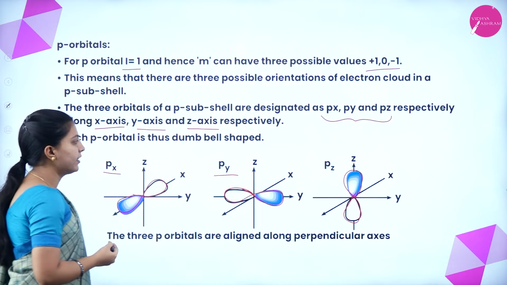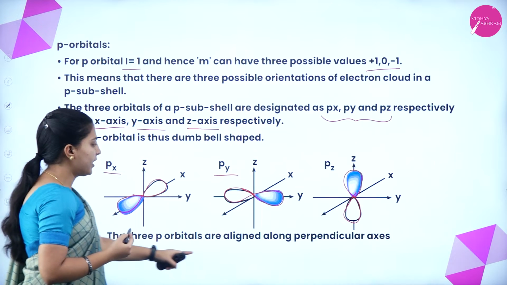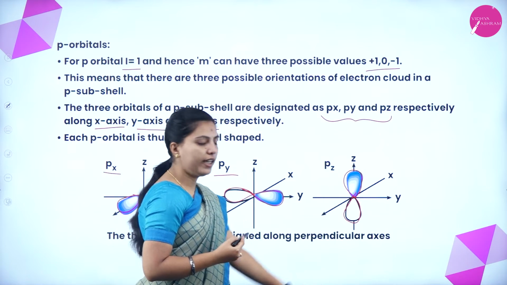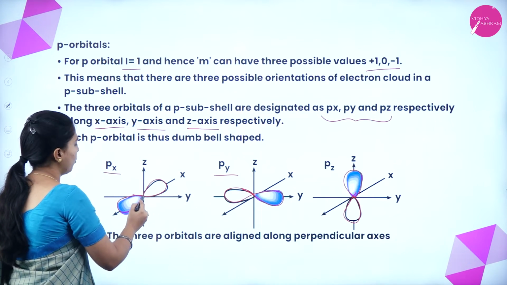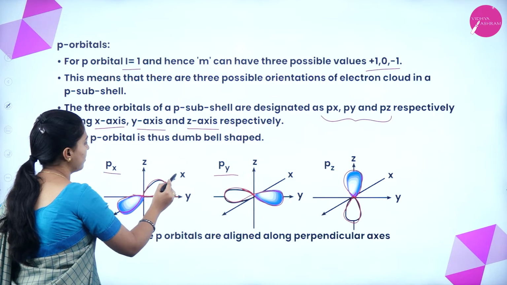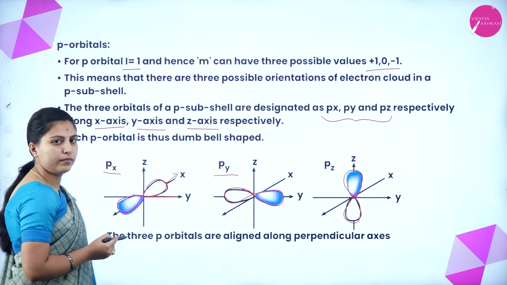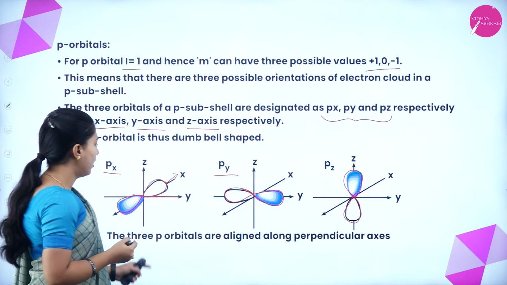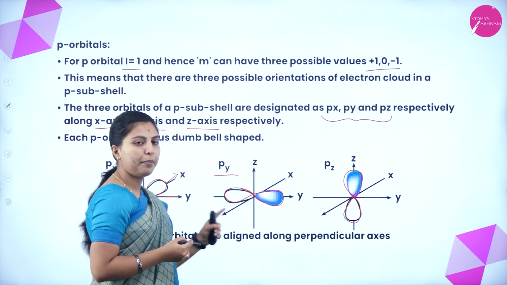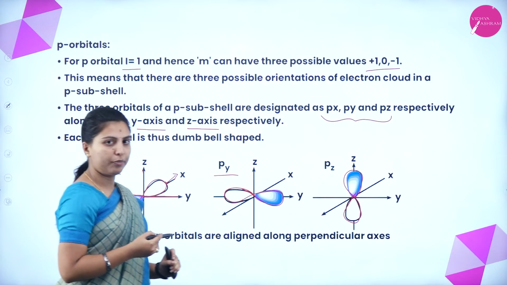That's why we call it pz. The 3 p orbitals are aligned along perpendicular axes. This is y, this is x and z. We know the coordinate axes. On that, we have aligned the px, py, pz orbitals.